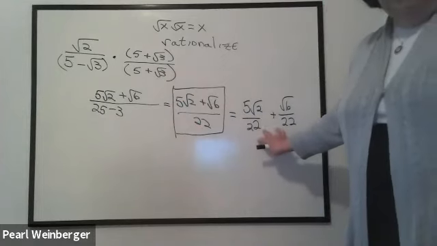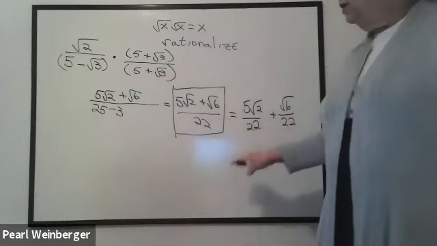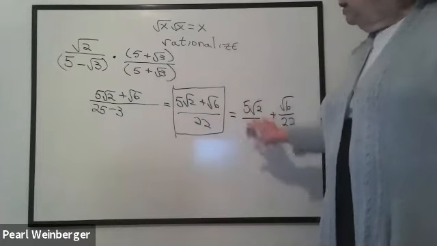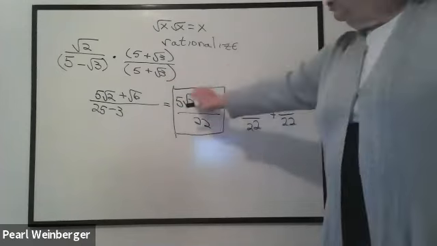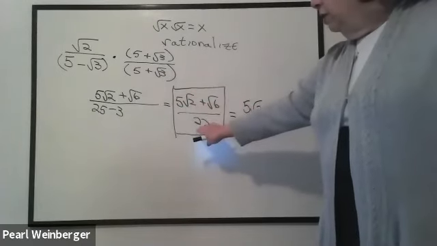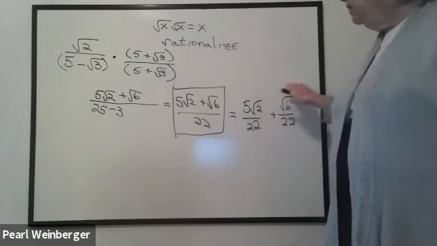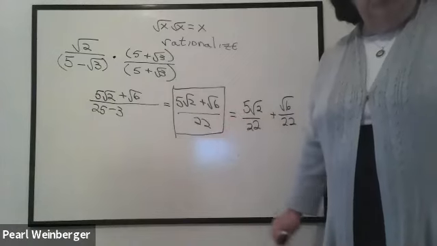I'm pointing this out because if you're doing a multiple choice test and you see this answer, don't automatically think it's wrong. It is correct. It's as correct as this answer. Sometimes we keep the whole thing over the denominator. Sometimes we separate each of the terms and put them separately over the denominator. They're both equally correct answers.